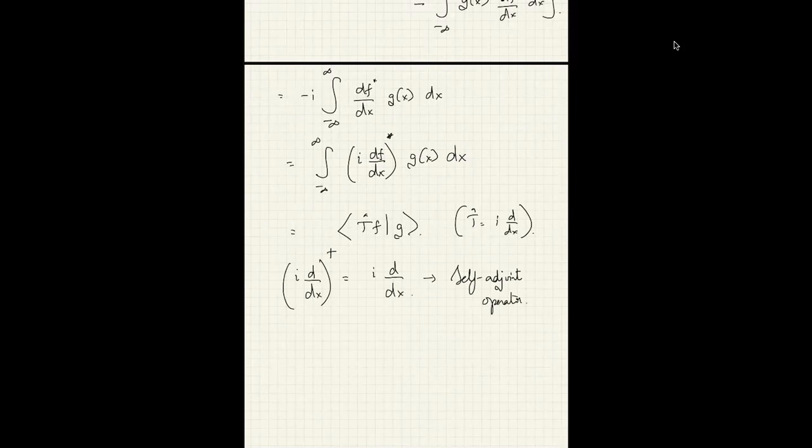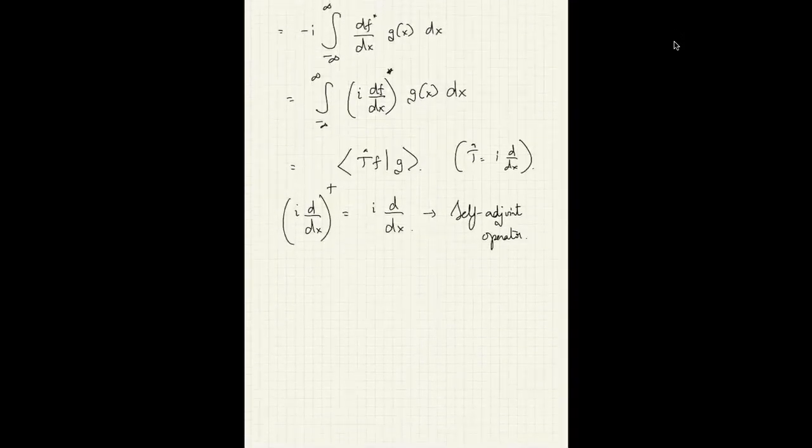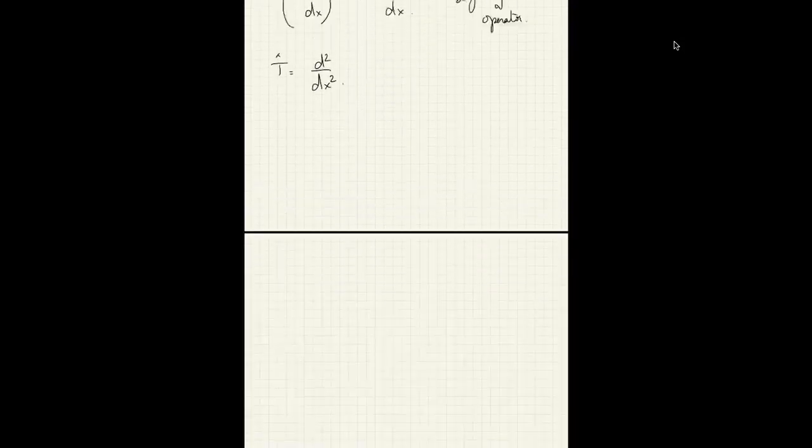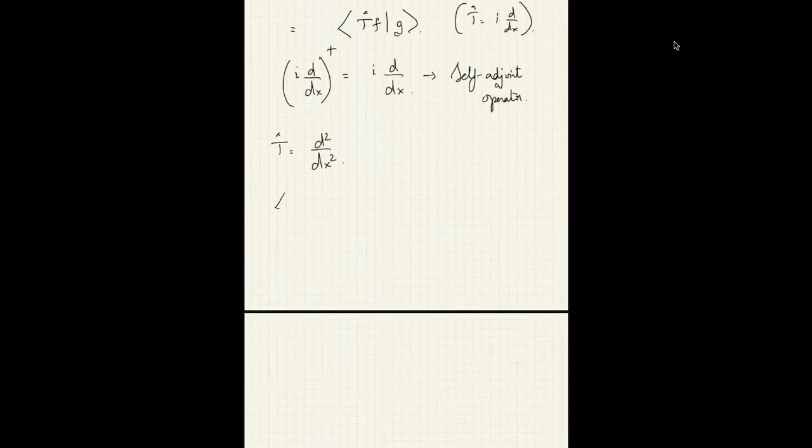So let's do the same thing for the next operator, d²/dx². We will do the exact same thing again, except that in this case we have to do the integration two times. So let's again evaluate ⟨f, d²g/dx²⟩.